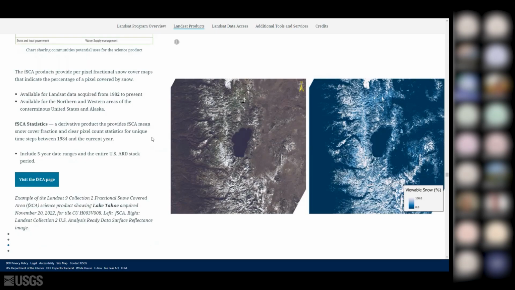And so this is available for the northern and western areas of the conterminous United States and Alaska from 1982 to the present. We also have the fractional snow covered area statistics product. This provides an average snow cover percentage over different time intervals between 1984 and the present. And as an example, we have a 5-year date range for this fractional snow cover statistic product.